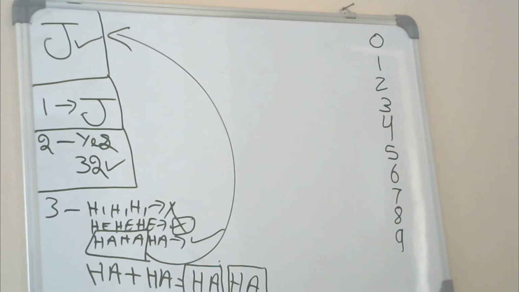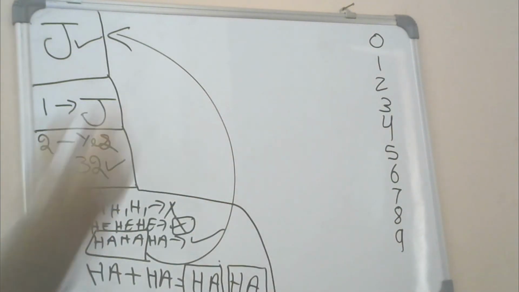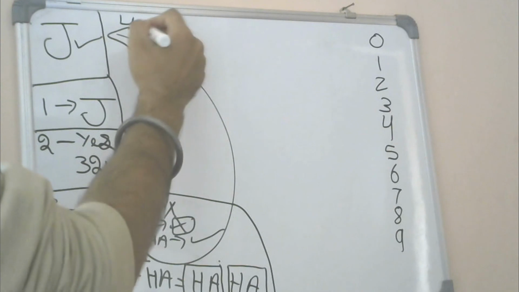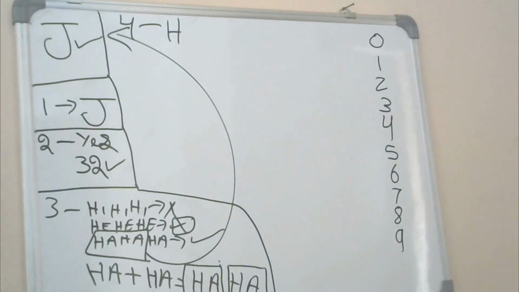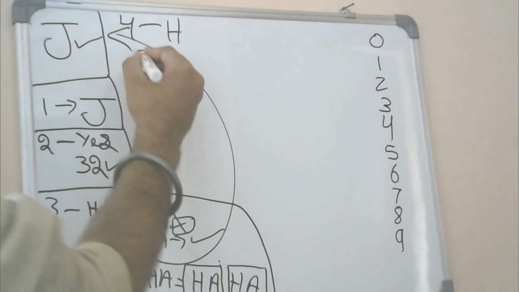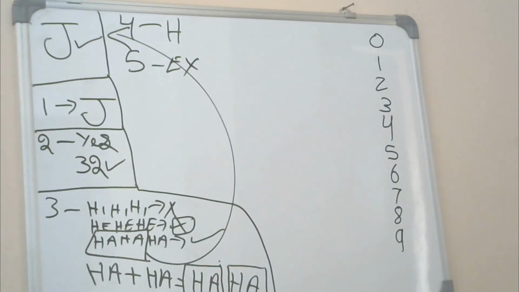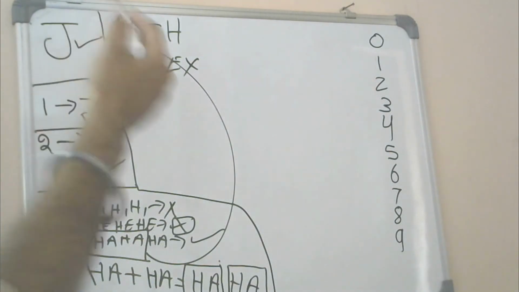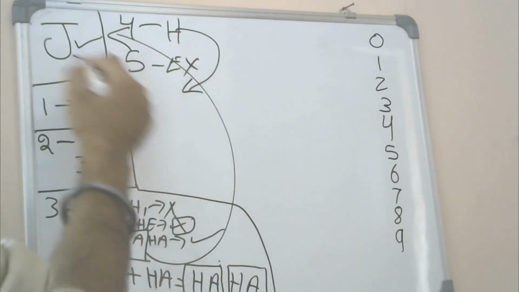And then the fourth step, how it is going to sound. It is going to sound like an H. The fifth step, example. Example will be, we can say Hong Kong. Hong Kong is starting from H, so it will be starting from Haha.